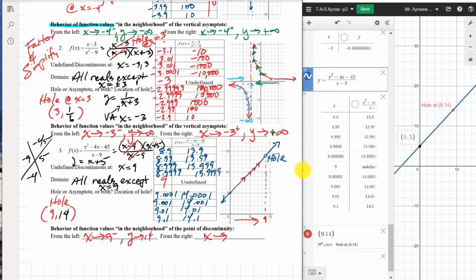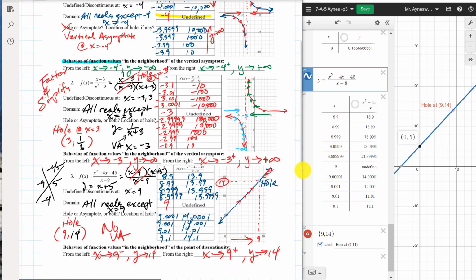When x approaches 9 from the right-hand side, your function's decreasing, and y is approaching 14 from the right, because you're getting closer to the hole. So there's no vertical asymptote here, because it results in a linear function, and linear functions can't have vertical asymptotes.